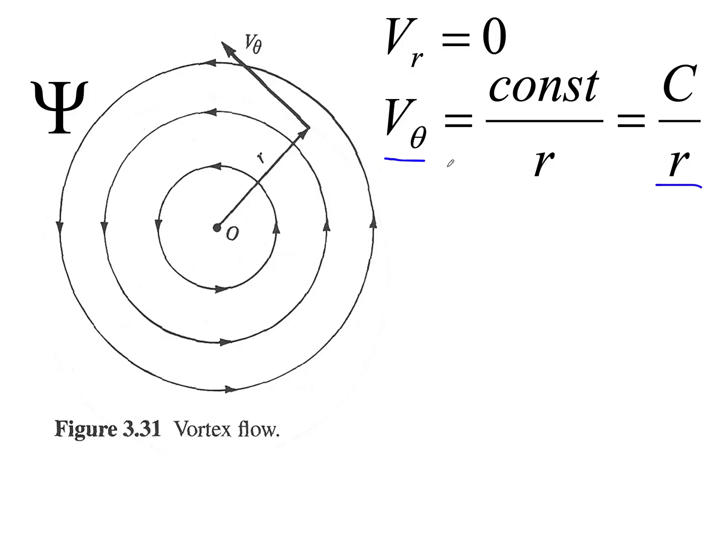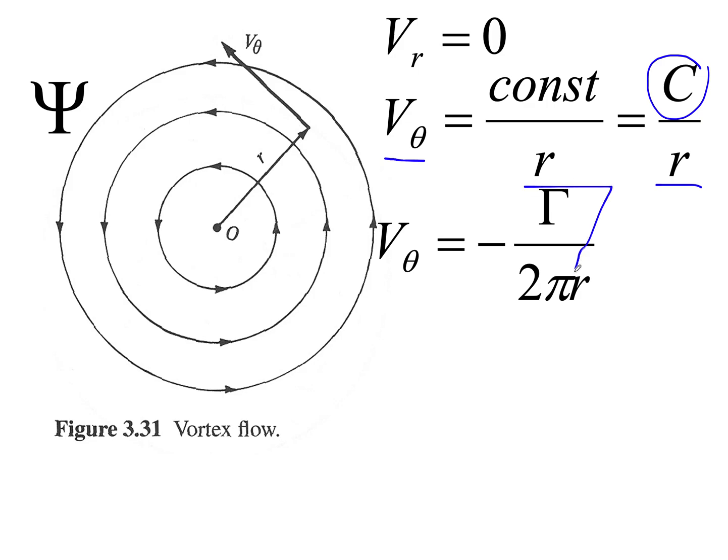So this is the last elementary solution we're looking at. So it's purely tangential velocity, and we're going to define this C as gamma over 2 pi, or actually minus gamma over 2 pi, that would be our circulation that we have seen before.